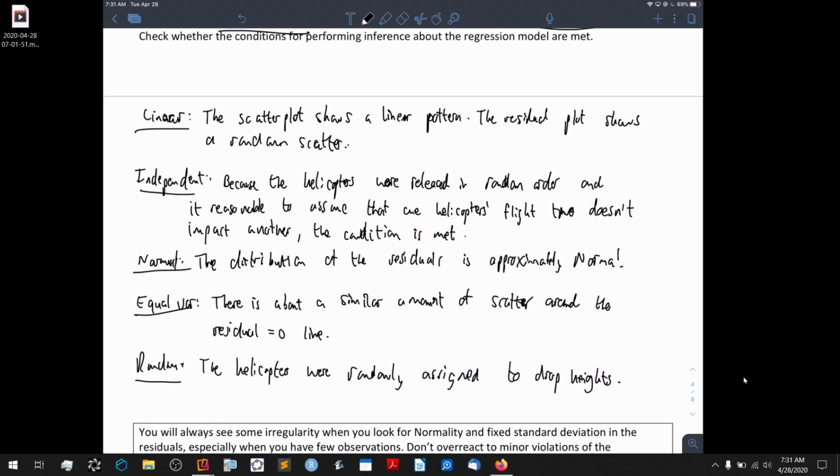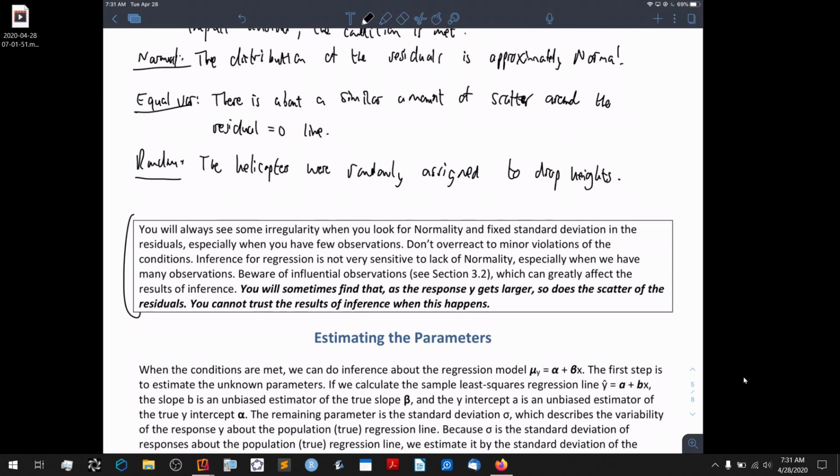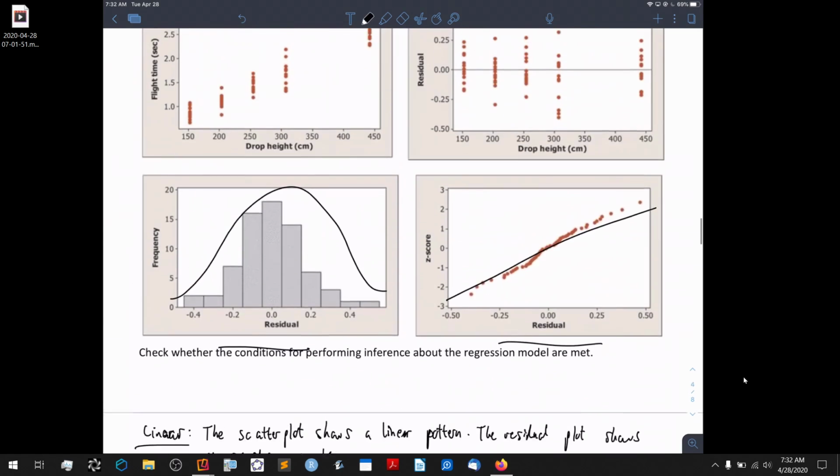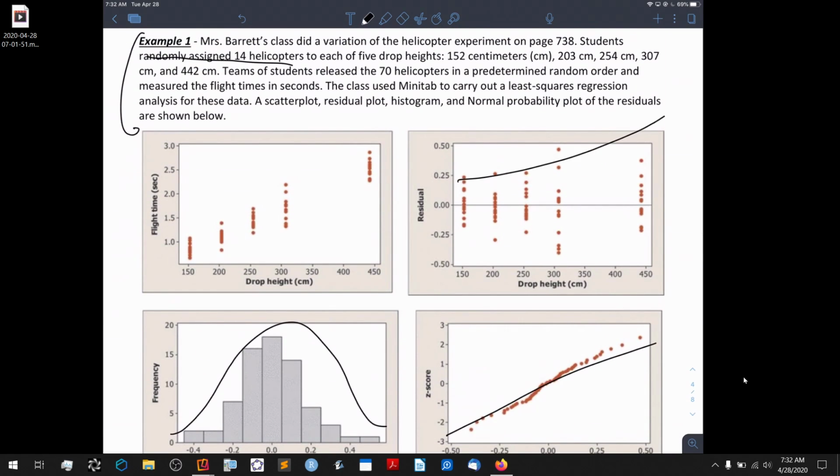All right, so it says here in a little box what I've been telling you all along. Okay, there'll always be some irregularity when you look for normality and fixed standard deviation. So normality and equal variance. Then it says if you see this kind of thing happening in your residual plot, you've got a problem.